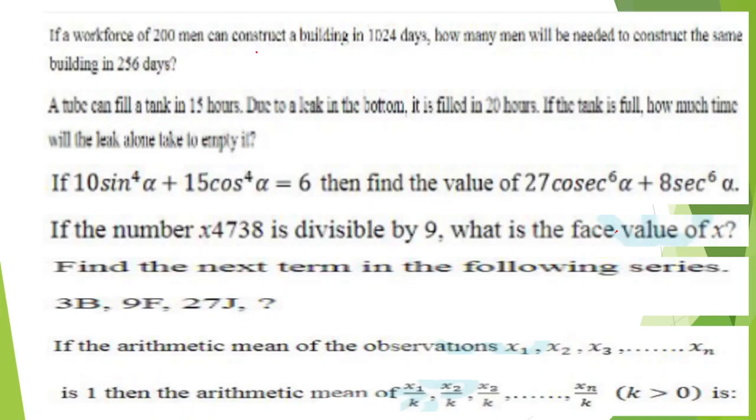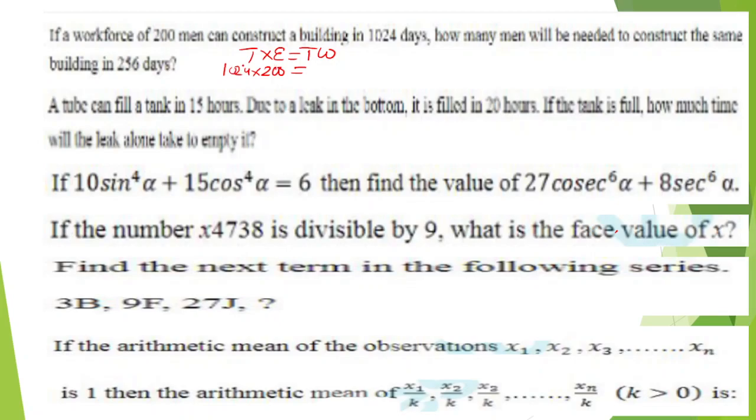Now we can also do it by using time into efficiency is equal to total work. Here time is given, that is 1024, and efficiency is 200 men. Whatever a person works in his daily routine is calculated as his efficiency.